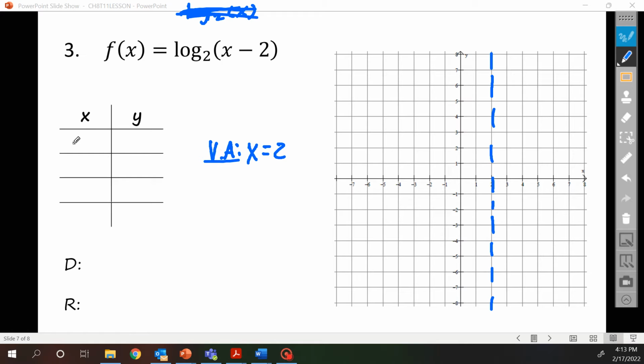So first number I want to plug in is to the right of that, which is 3. Because when I plug in 3, 3 minus 2 is 1. Log base 2 of 1 is 0. So my first point is 3, 0.